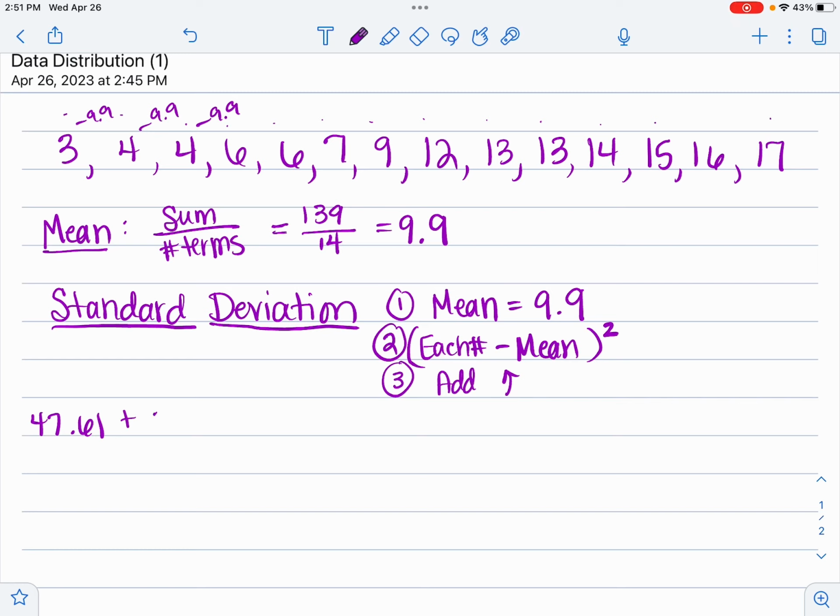So plus 34.81 plus 34.81. Then I'm going to do 6. 6 minus 9.9. At least some of these are repetitive. Again, I'm going to square that, and I get 15.21. Again, I have 2 of those. All right, I have 2 6s.